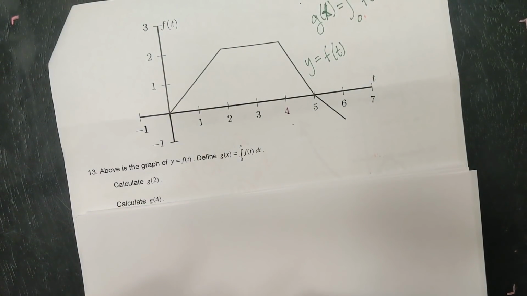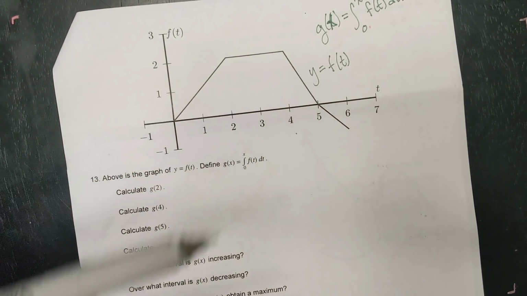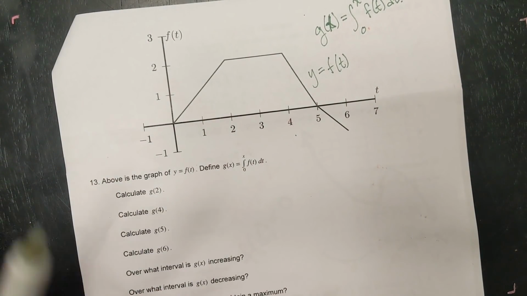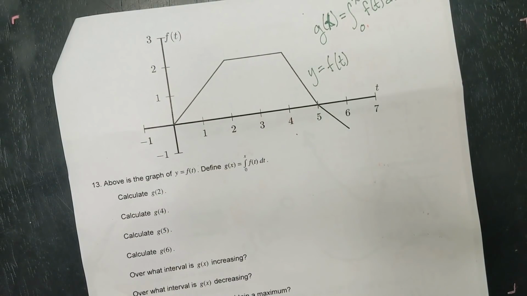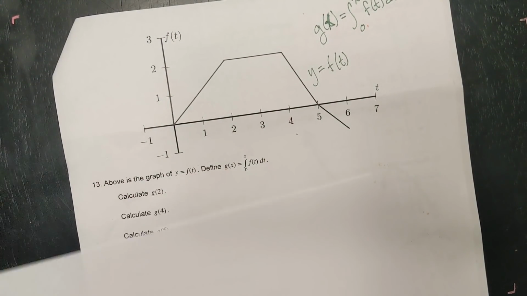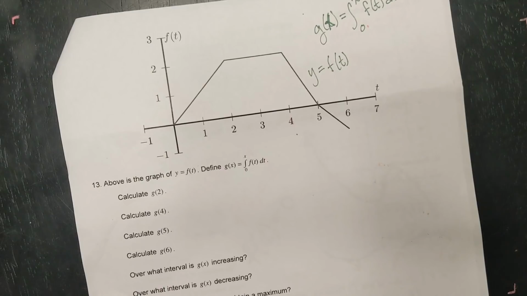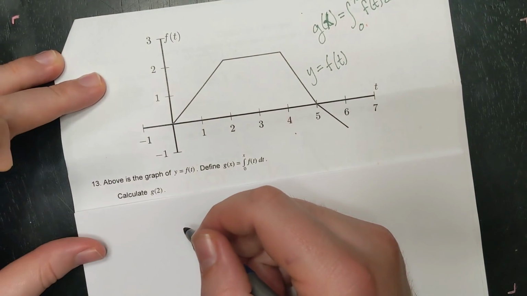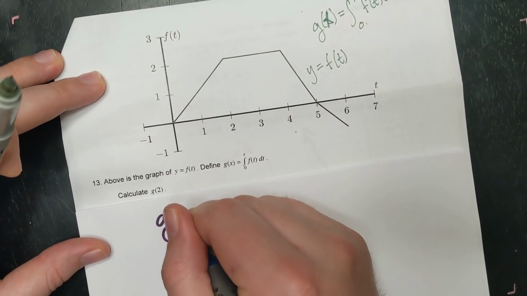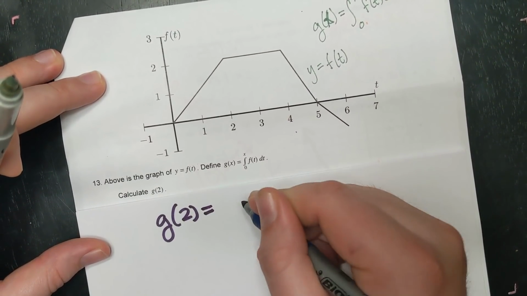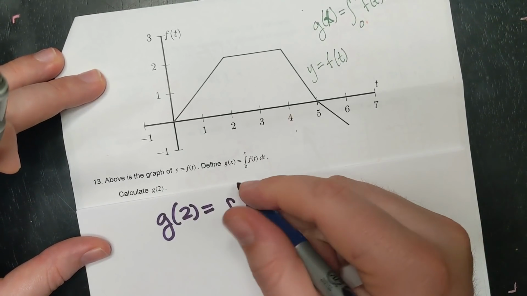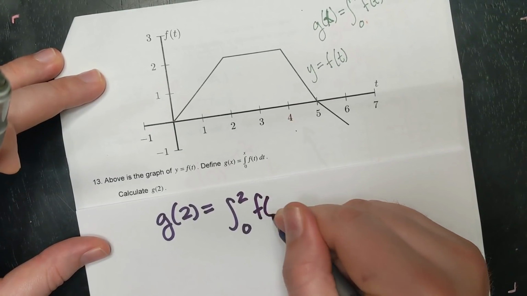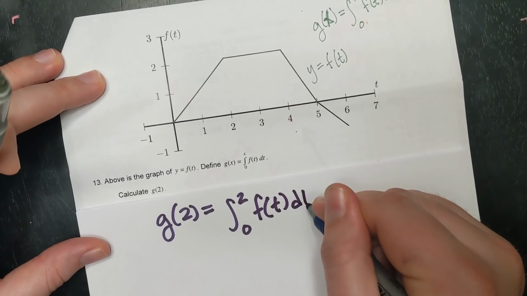So to calculate g of 2, well, I guess we can do this directly on the review guide. So g of 2, how can we approach this? Well, g of 2 is just going to be, you know what, let me do it on here. So then g of 2 is just the integral from 0 to 2 of f of t dt.